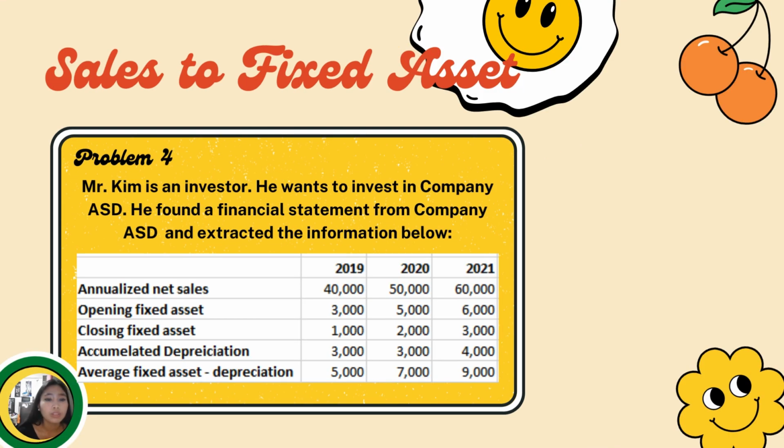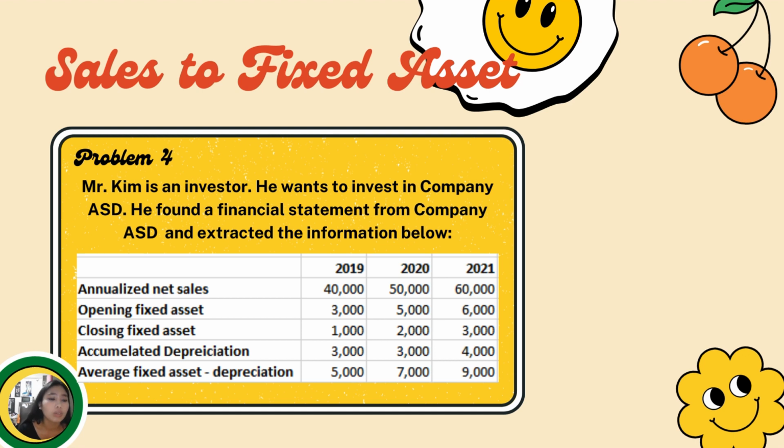So, sales to fixed assets. So in our problem 4, Mr. Kim is an investor. He wants to invest in company ASD. He found a financial statement from company ASD and extracted the information below. So, may tatlong year tayo dito which is 2019, 2020, 2021.